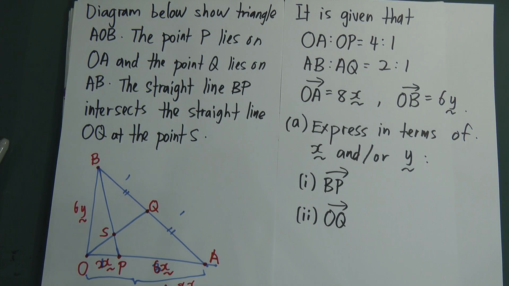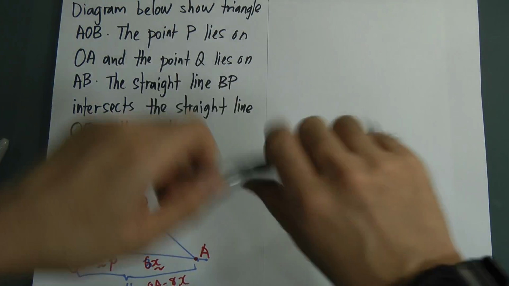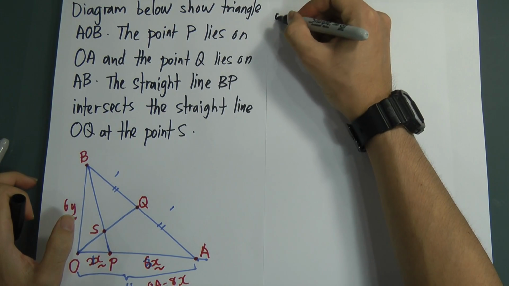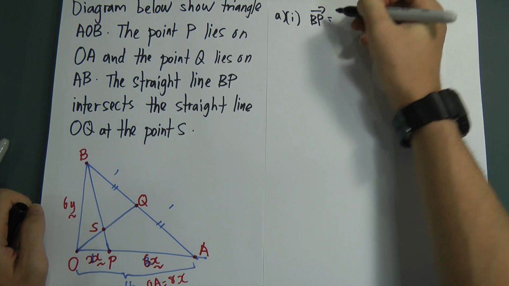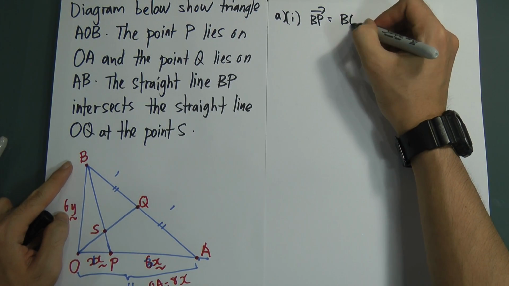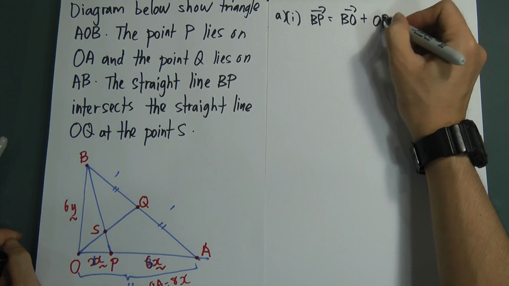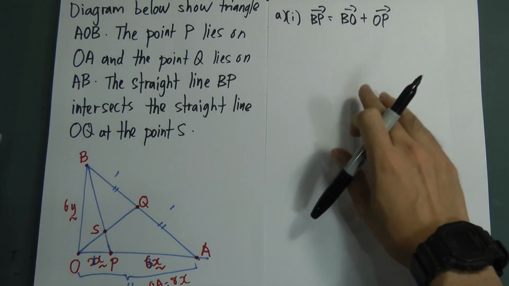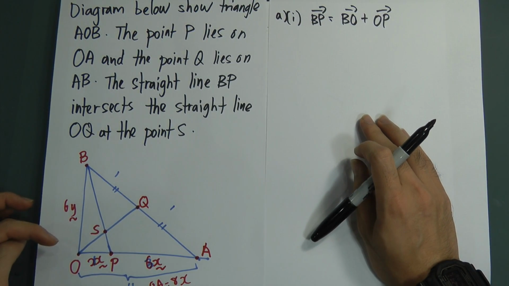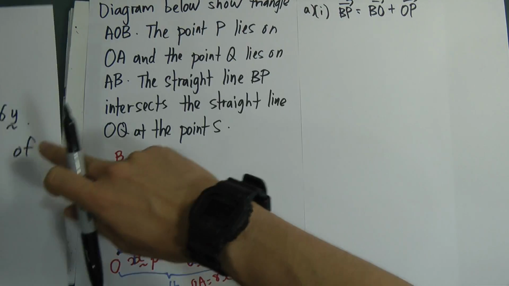Okay, so let me do the first one. We want to find BP, so I'm going to do it over here. So for A1, he asked for BP. So I know BP actually is BO, B to O, plus O to P. This is the triangle law of addition. So I think this one is very simple. Okay, BO, because just now the information given to us is OB.